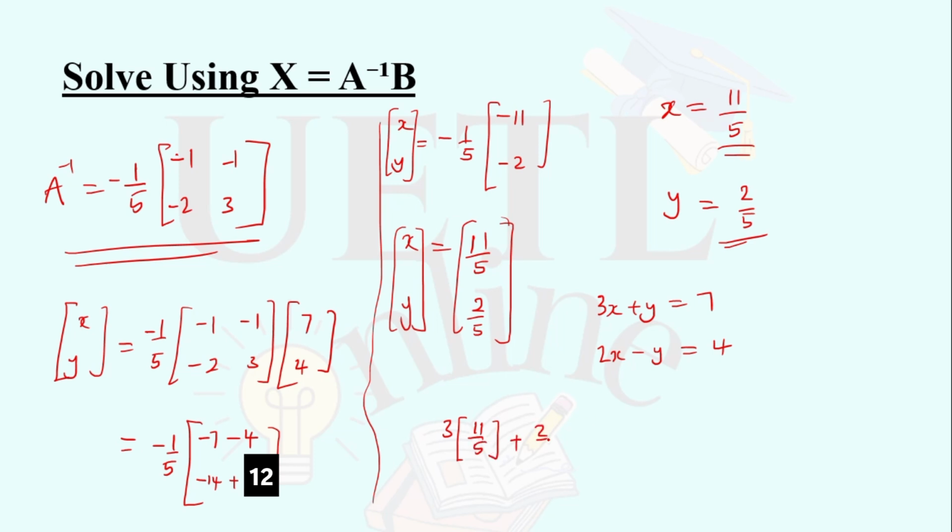If you solve this, you simply get your answer as 7. So this means that this is correct. If this is correct, you can check again on this one. You can just substitute x here and y here and check if it gives us 4. So this is it on solving systems of equations using matrices.